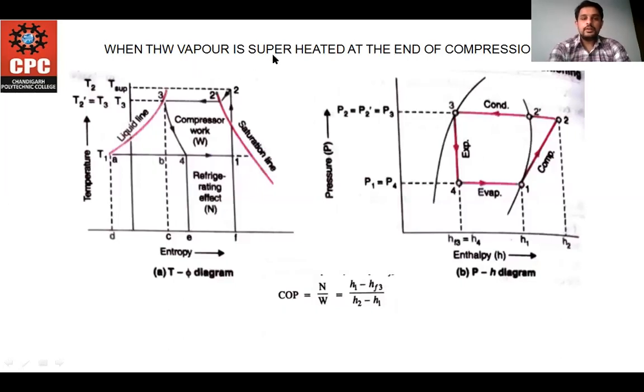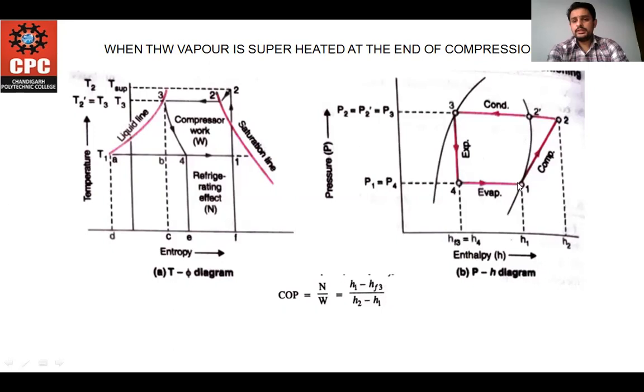When the vapor is superheated at the end of the compression, we will see the pressure enthalpy diagram at the end of the compression. The vapors are coming into the superheated vapor region, and we are getting superheated vapors at the end of the compression.